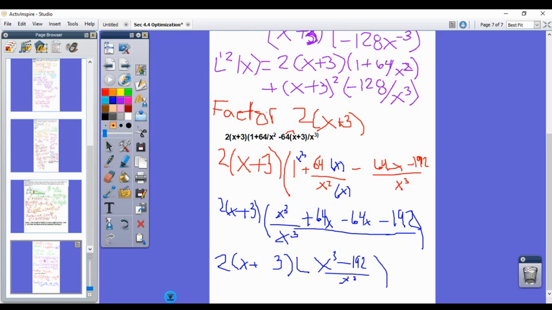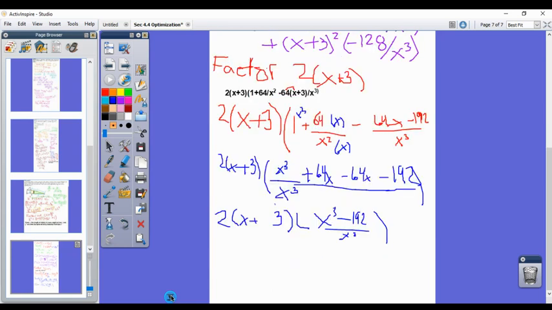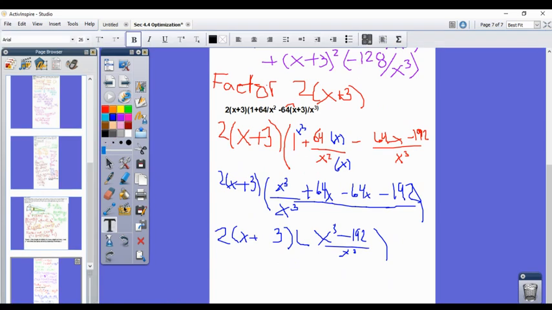The next thing I'm going to do is set both of these equal to 0. If I set the first one equal to 0, I end up with x equals -3. Is that possible? Can we have a negative ladder?